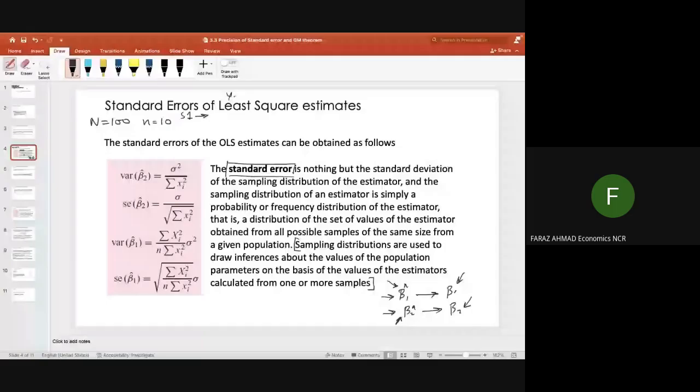Let us call it sample 1. On the basis of the data contained in sample 1, you regressed y on x and calculated beta 1 hat and beta 2 hat for a simple regression.